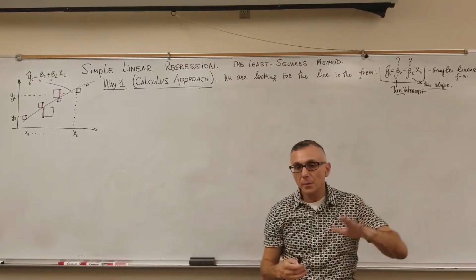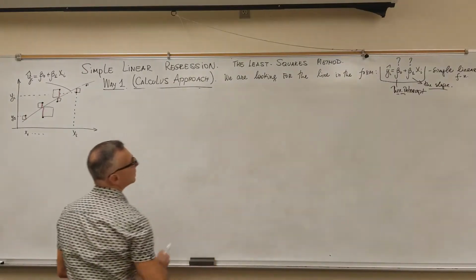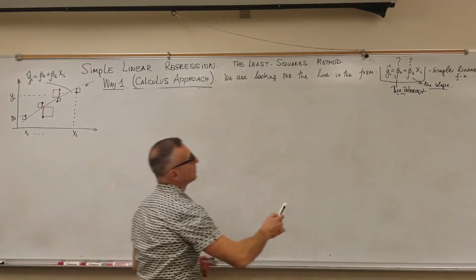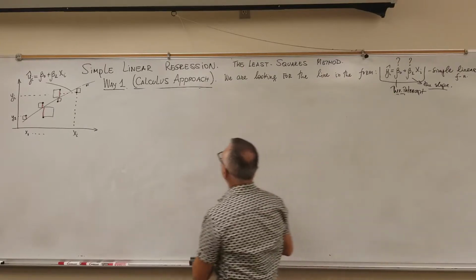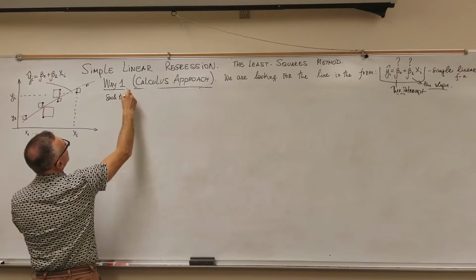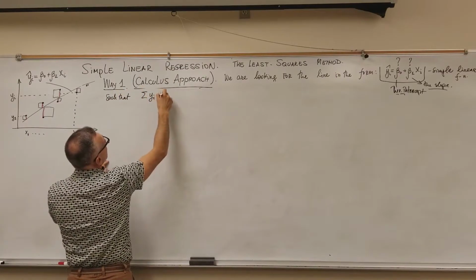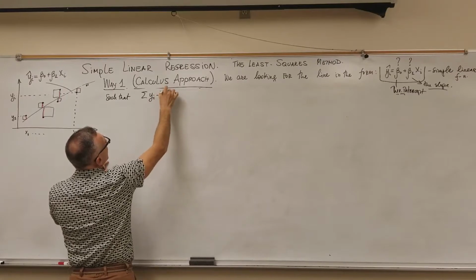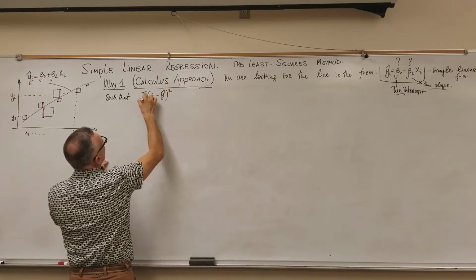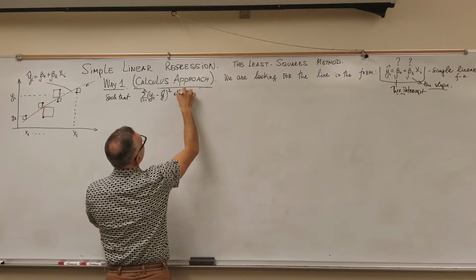They are variable parameters in this case. The line is given in general here such that the sum of the squares of the differences, yi, the observed value, minus y hat, squared, i from 1 to n, attains its minimum.